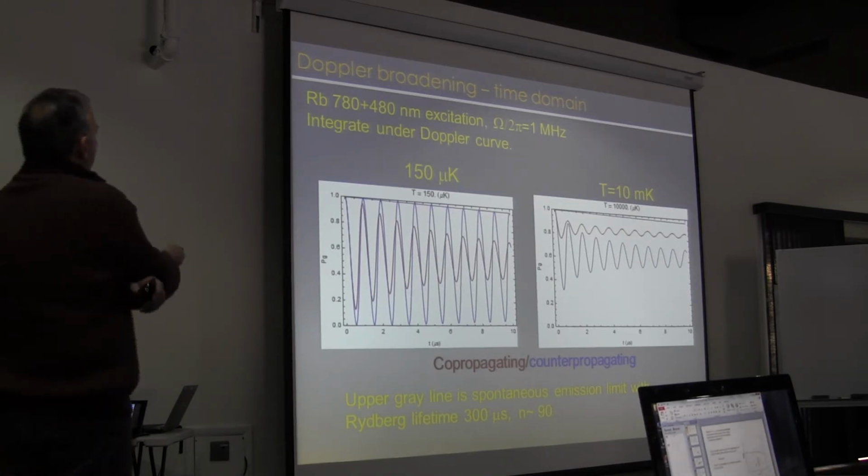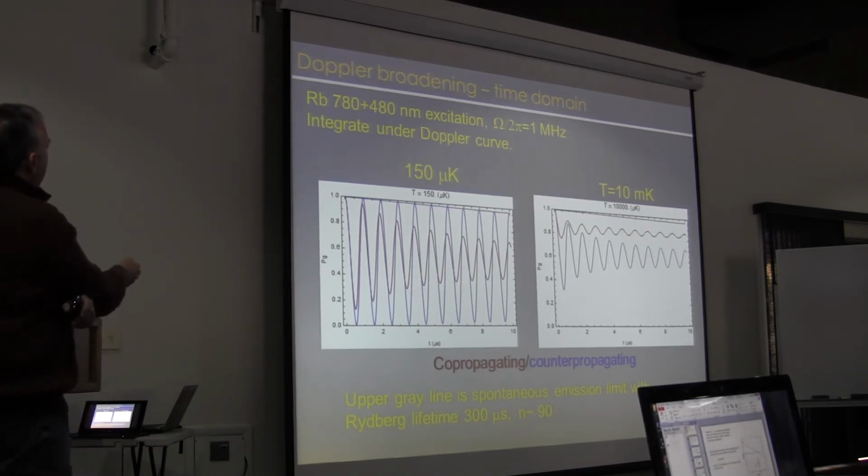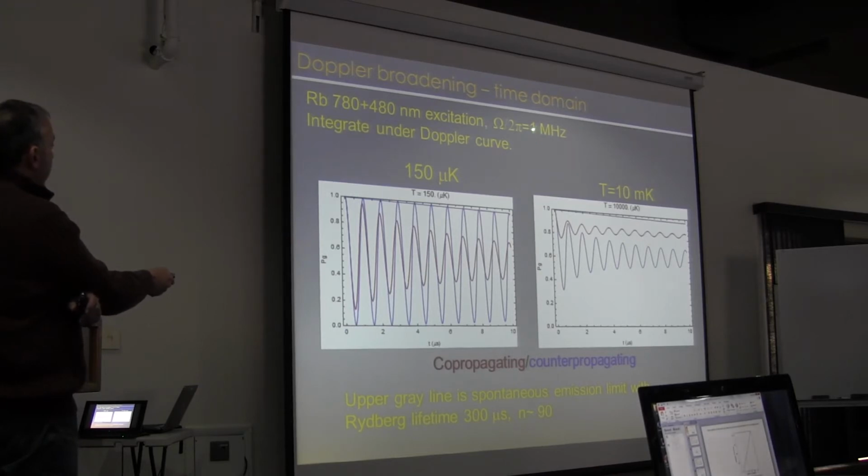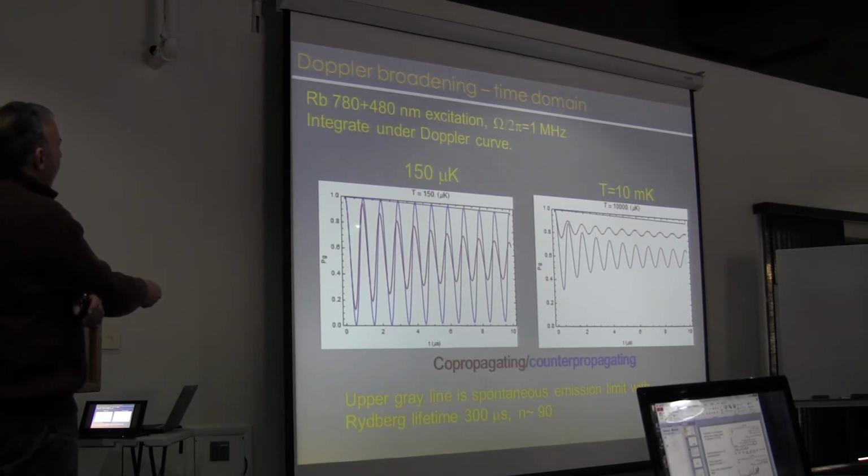So here's time domain calculations of excitation of rubidium with a Rabi frequency of 1 megahertz, or a two-photon Rabi frequency of 1 megahertz, and we're averaged over the Doppler curve. For 150 microkelvin atoms, it works really well for counterpropagating, not so well, but not too bad for 1 or 2 cycles.